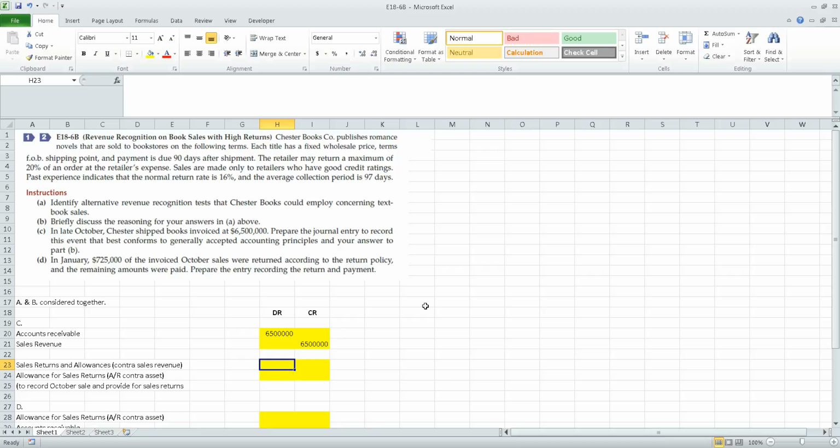So we're going to book that by debiting that contra sales account, sales return and allowances, and an offsetting credit to the contra asset account, allowance for sales returns, in the same amount.